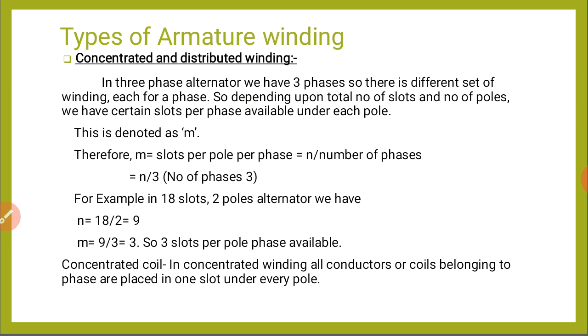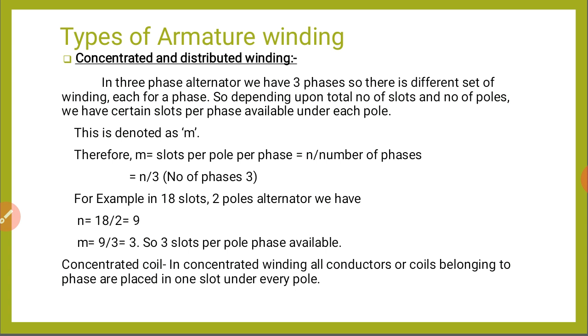So the meaning is that 3 slots are available for R phase, 3 slots are available for Y phase, and 3 slots available for B phase. Okay, so if we are using all 3 slots for placing the R phase conductors, then our winding is called the distributed winding.